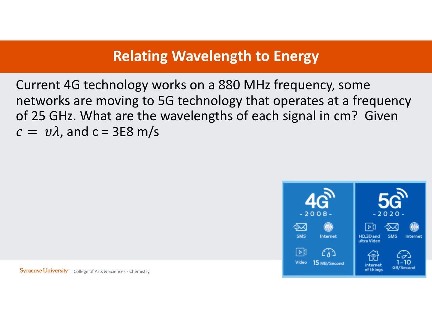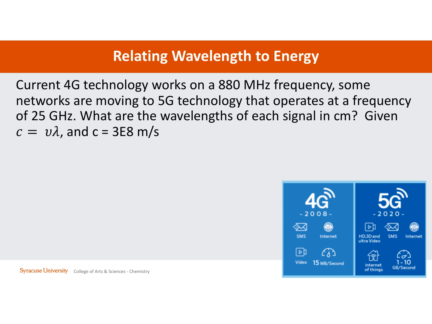Here's another question on relating frequency to wavelength to energy. Current cell phones are based on 4G technology, and so 4G, depending on your phone, works at around 880 megahertz of a frequency. Many networks are currently moving to a 5G technology that operates on a higher frequency.